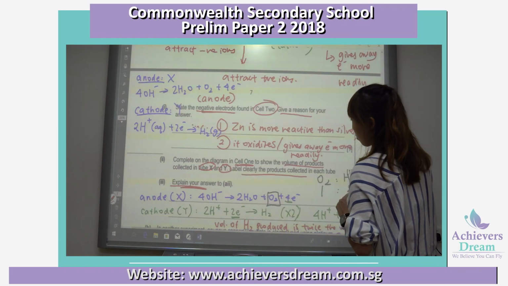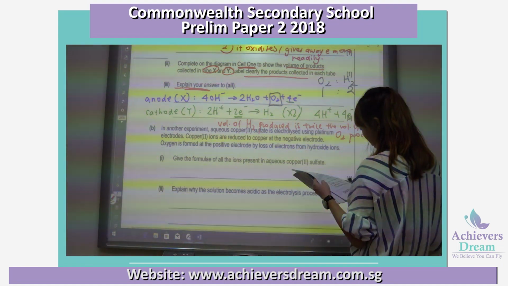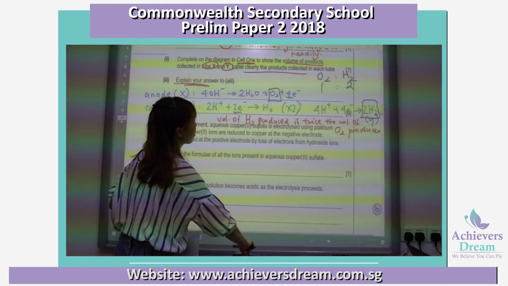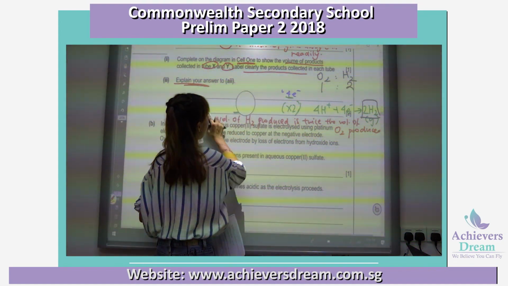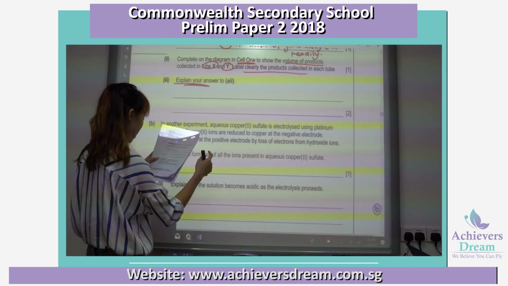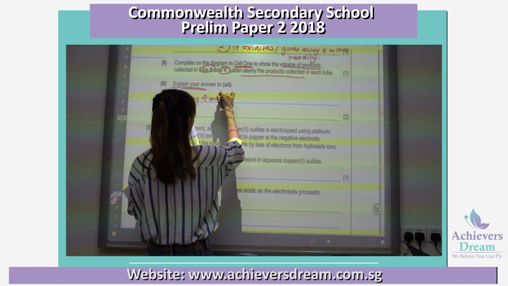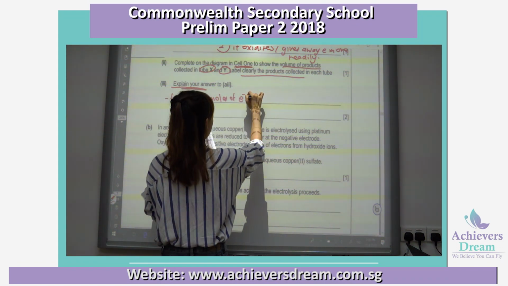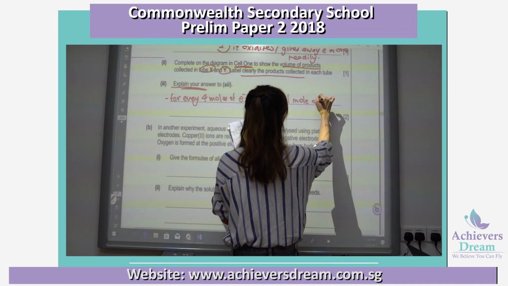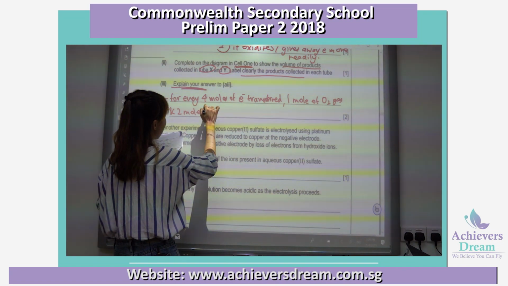So how do I explain the answer? I have to say, for every 4 moles of electrons transferred, 1 mole of O2 gas and 2 moles of hydrogen gas will be produced.